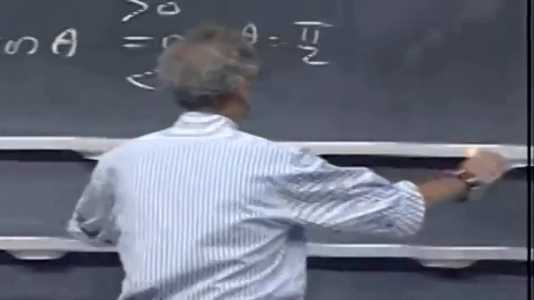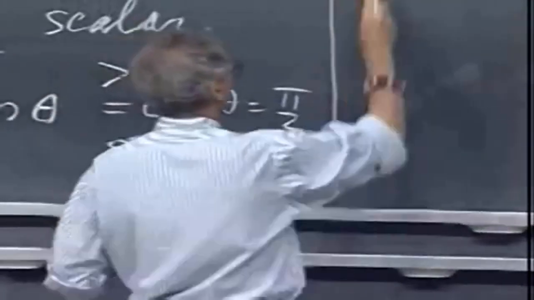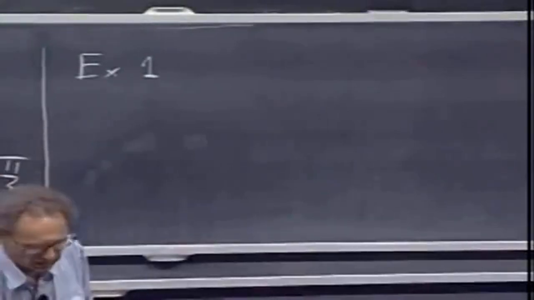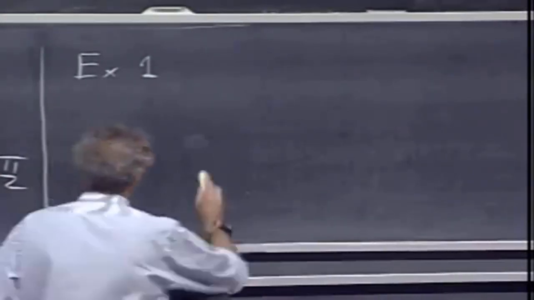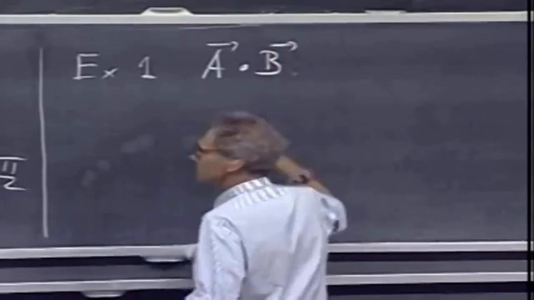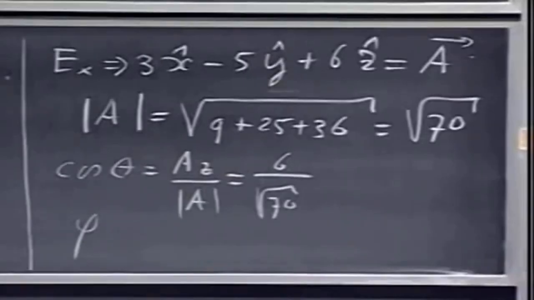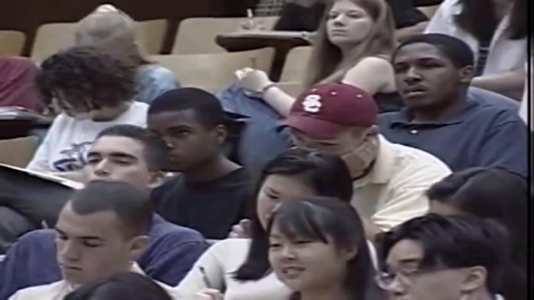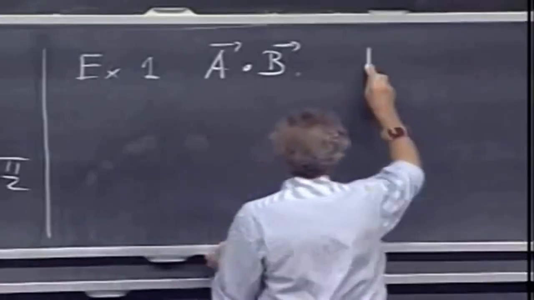The simplest that I can think of, perhaps it's almost an insult, it's not meant that way. Suppose we have A dot B, and A is the one that you already have on the blackboard there. Right here, that's A. But B is just 2y dot.